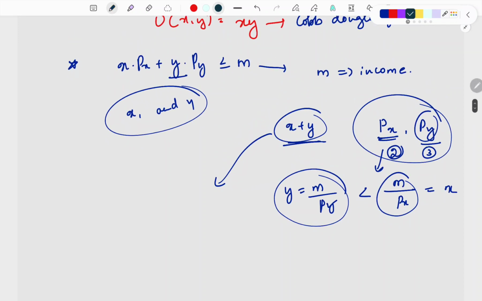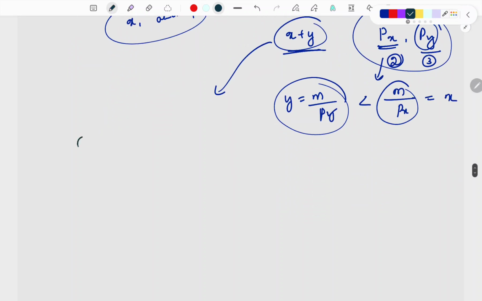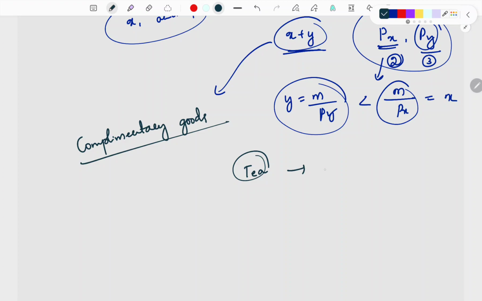If you go to other cases, you know about complementary goods. What are complementary goods? Basically, tea. Tea is made with sugar and water, but water is an irrelevant discussion, because we don't buy water. It's a factor where water is bought, but water is everywhere, like a freely available resource. Another one is tea powder.